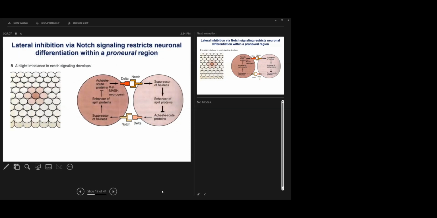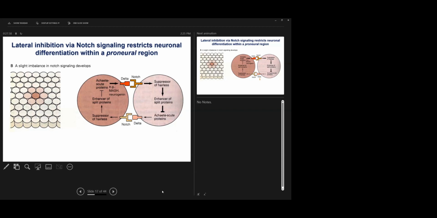Now among these, one of the cells in the proneural cluster becomes a neuroblast with this mechanism. These cells become neuroblasts, and these cells remain as non-neuronal cells. So how does it happen? You have the ASC complex, which expresses genes like Mash and Neurogenin, which activate Delta.